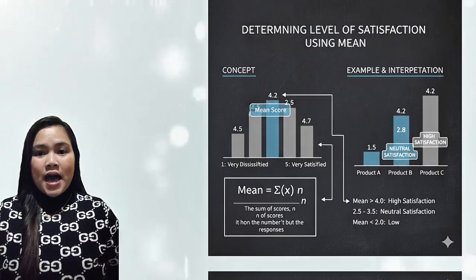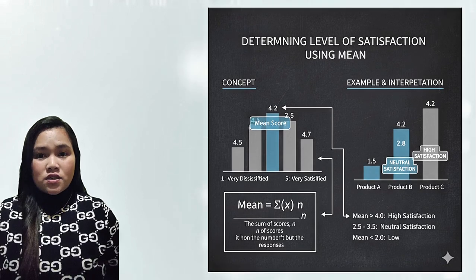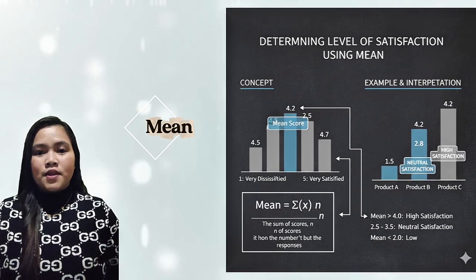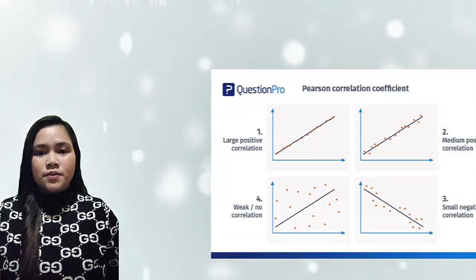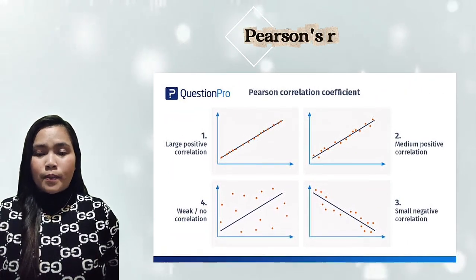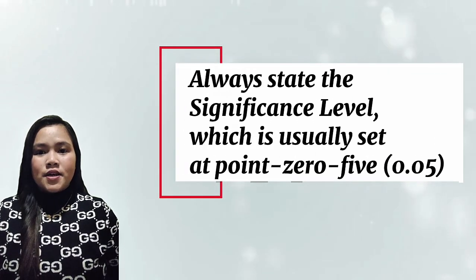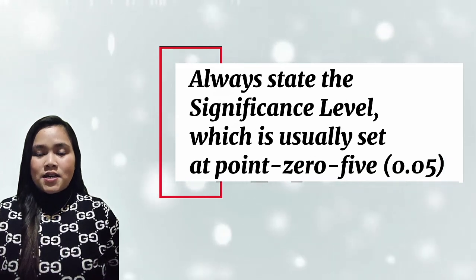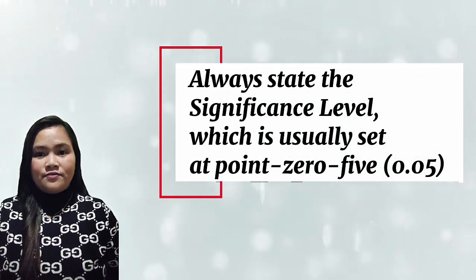To determine the average level of satisfaction, we use the mean. To test the relationship between two variables, we use Pearson's r. Always state the significance level, which is usually set at 0.05.